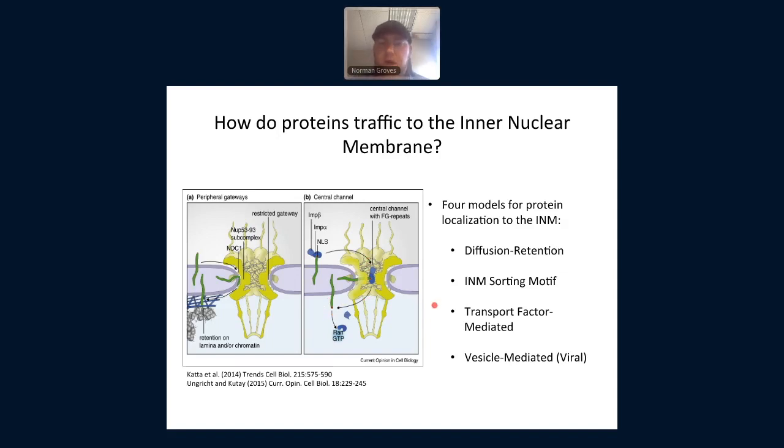There are additionally 4 models for protein trafficking to the INM. These are diffusion retention, INM sorting motif, transport factor mediated, and vesicle mediated. For today, I'm only going to discuss diffusion retention and transport factor mediated.